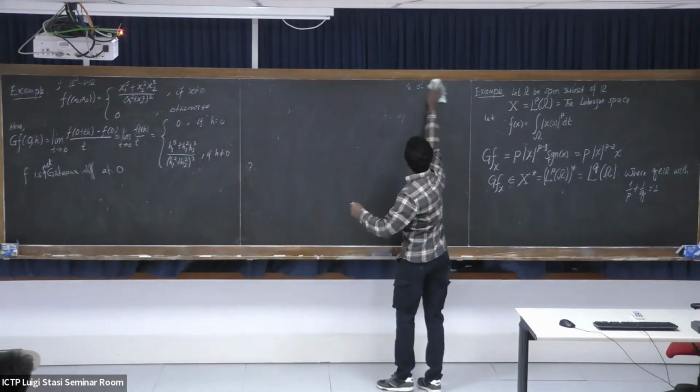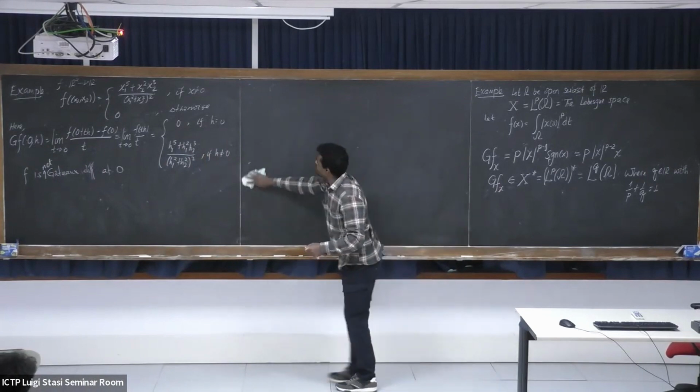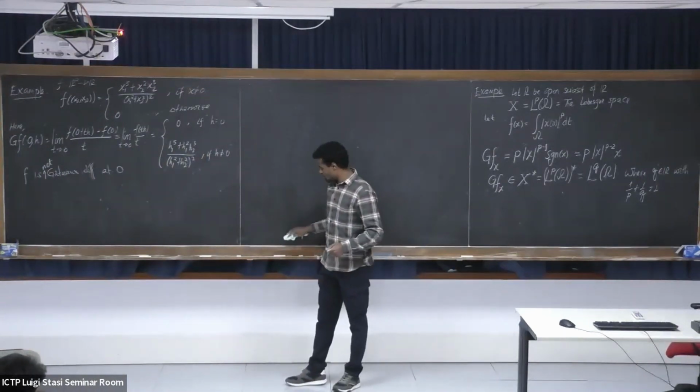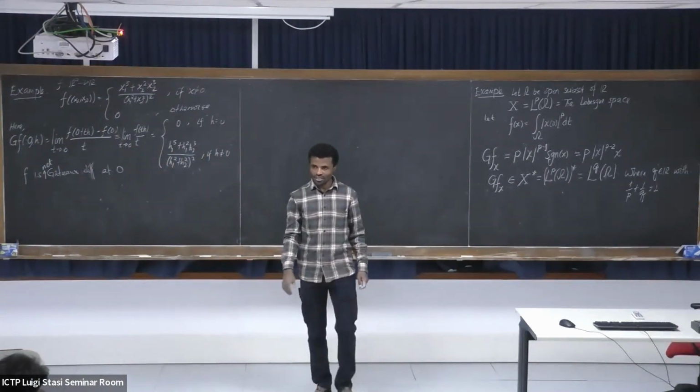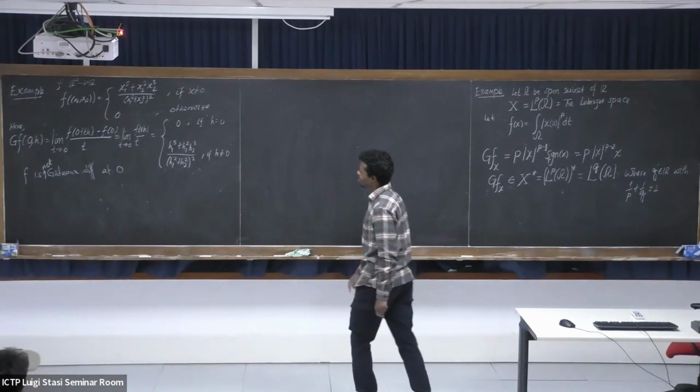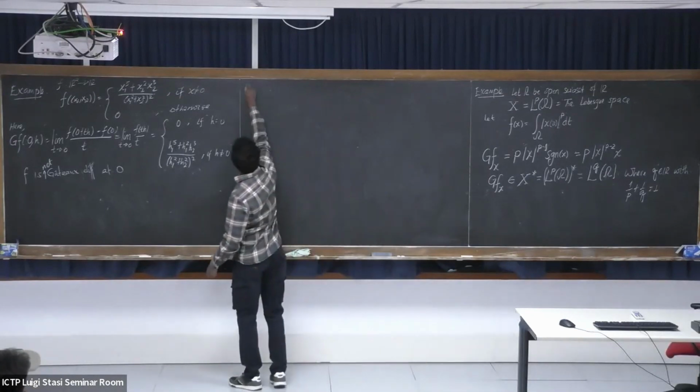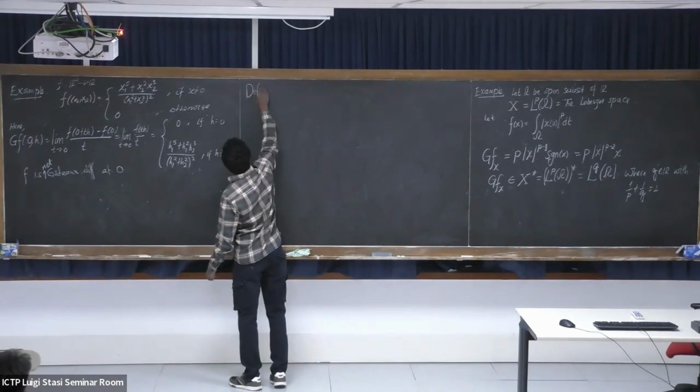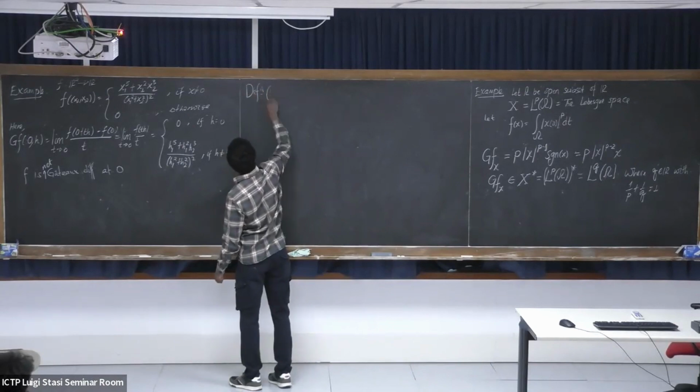Now we'll see a much stronger differentiability condition called Fenchel differentiability. So it is convex.